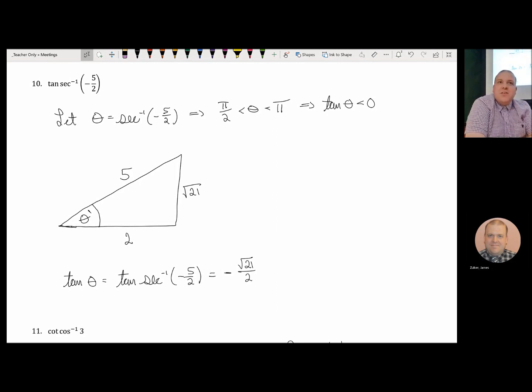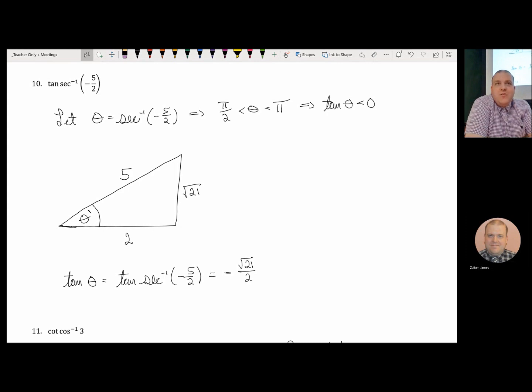If it's not an inverse, like I'm just saying, what is the tangent of 16 pi over 3? You have to determine what quadrant 16 pi over 3 is located in.